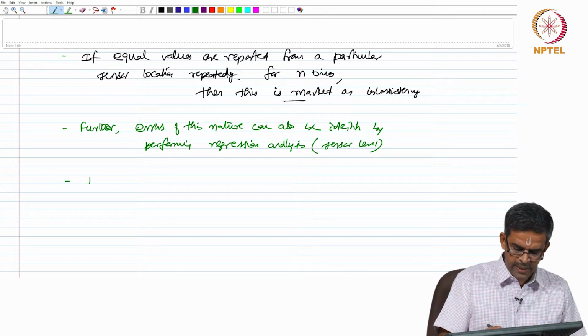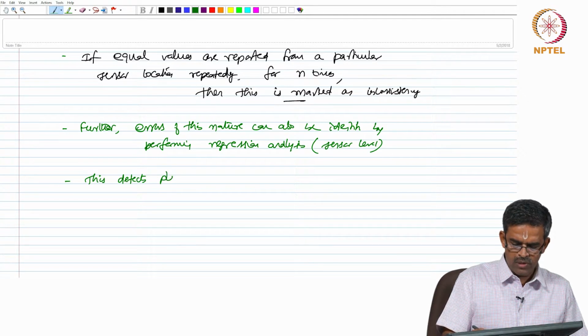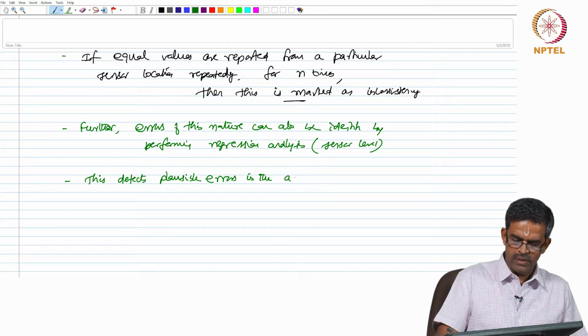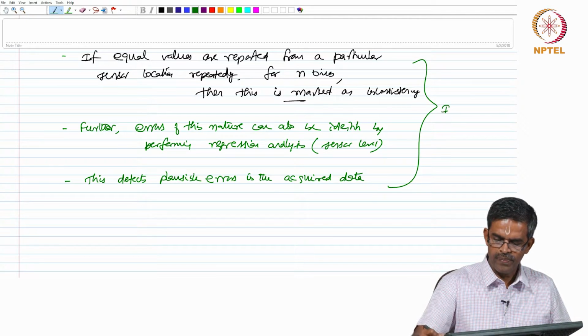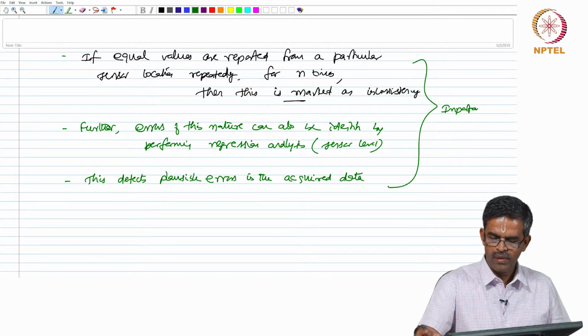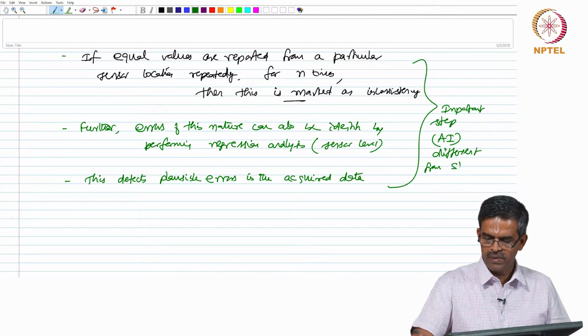So, this detects plausible errors in the acquired data. So, that is a very important step which makes artificial intelligence different from the conventional SHM.